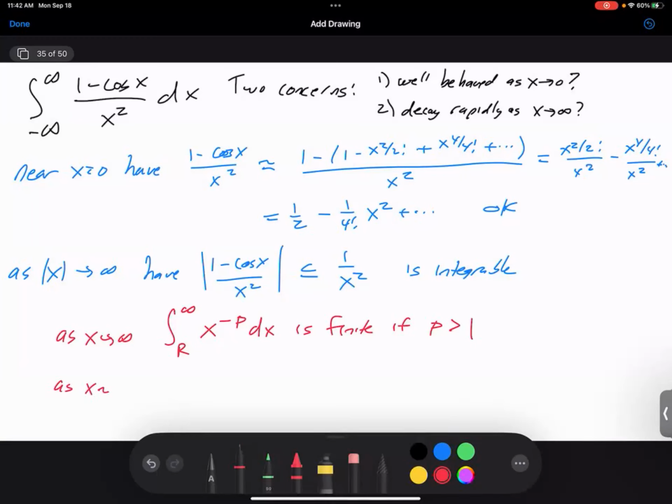Near x approximately 0, the integral, let's say, from 0 to epsilon of x to the negative p dx is finite. So what do we need here if we want this integral to be finite?